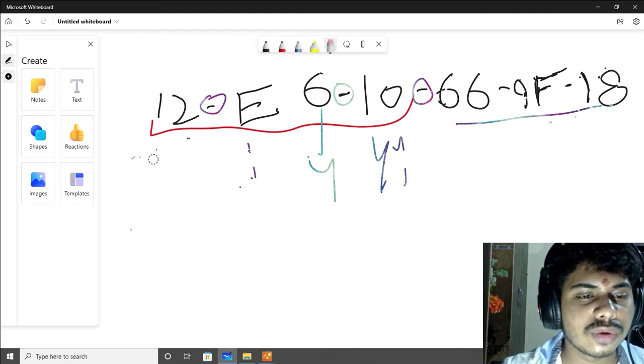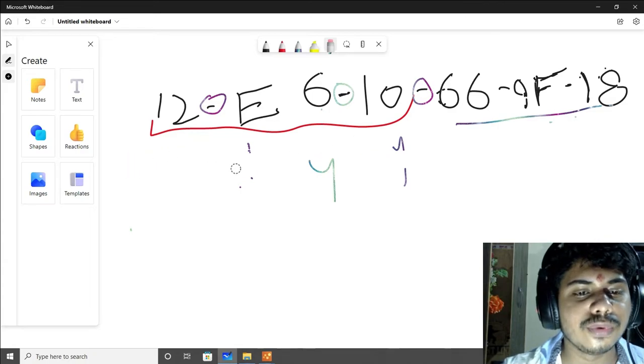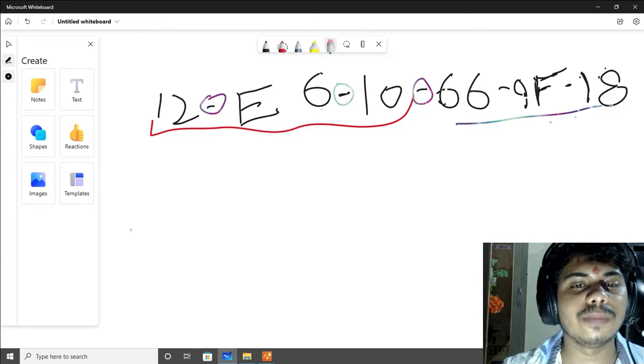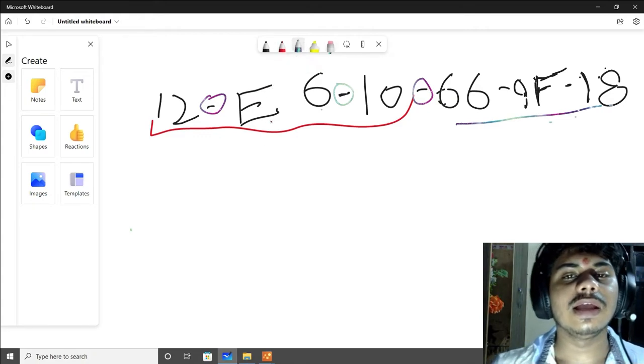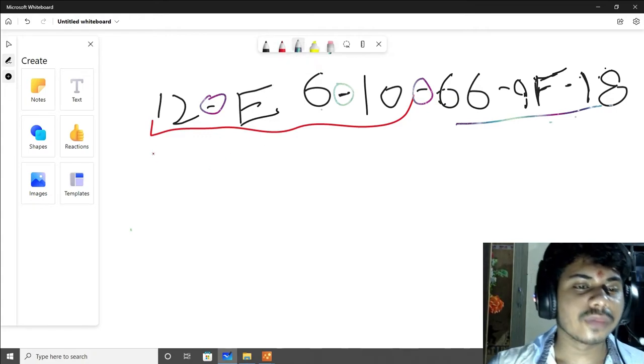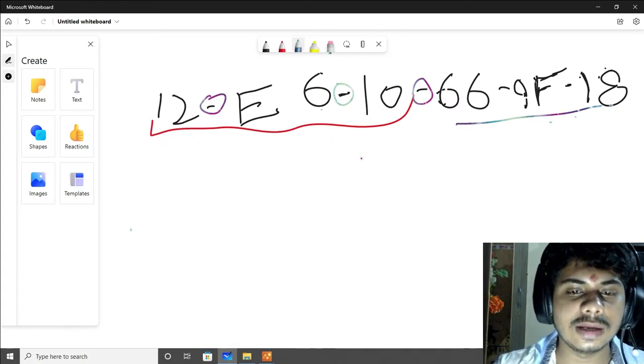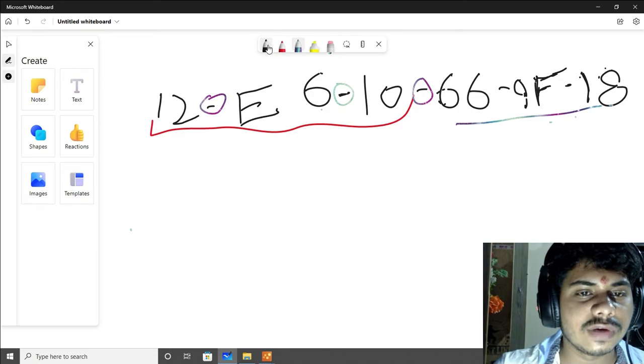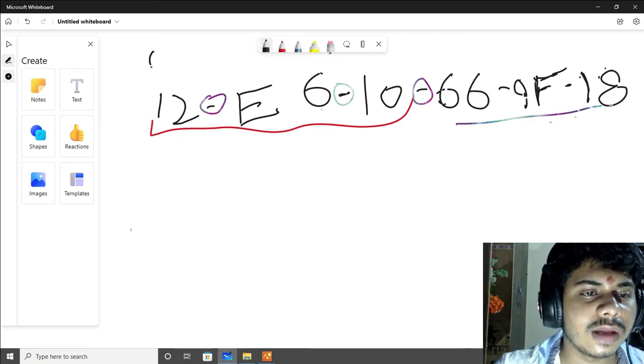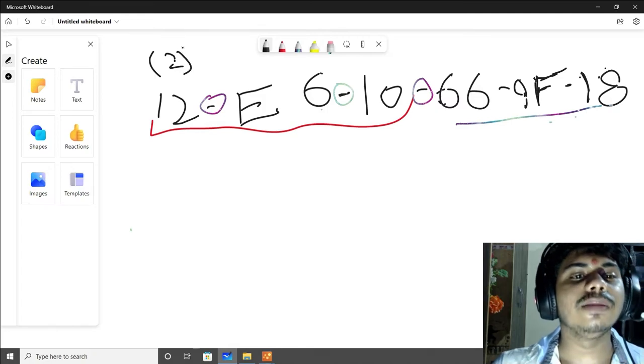If you want to calculate bits, because the computer doesn't understand the language which you understand, it understands binary form. So to convert 12 into binary, first I'm writing here that you have to increment the power.